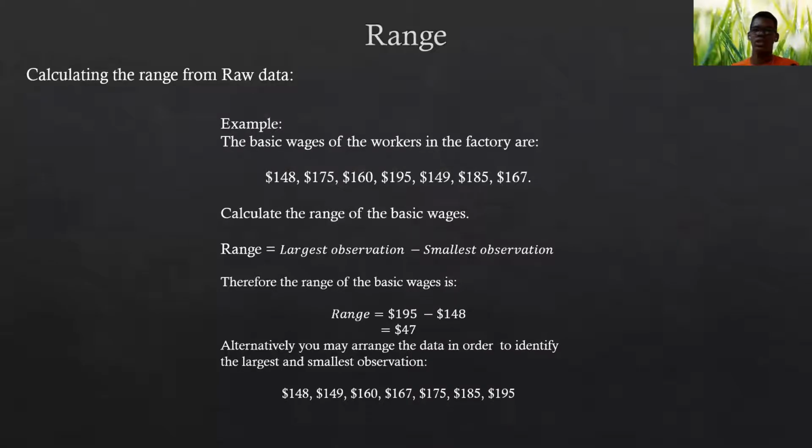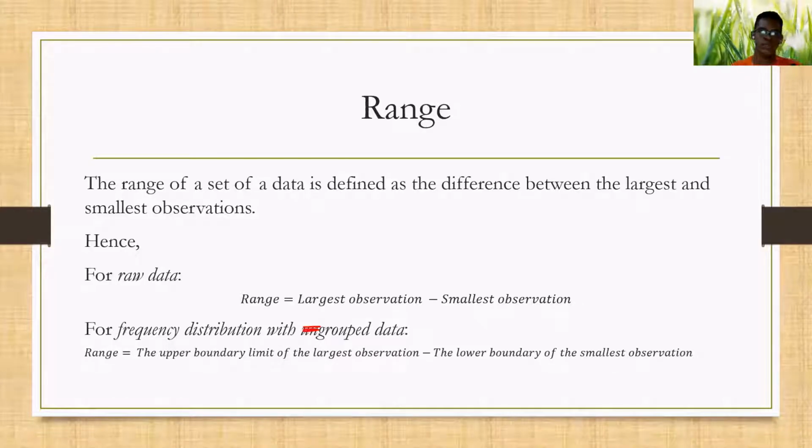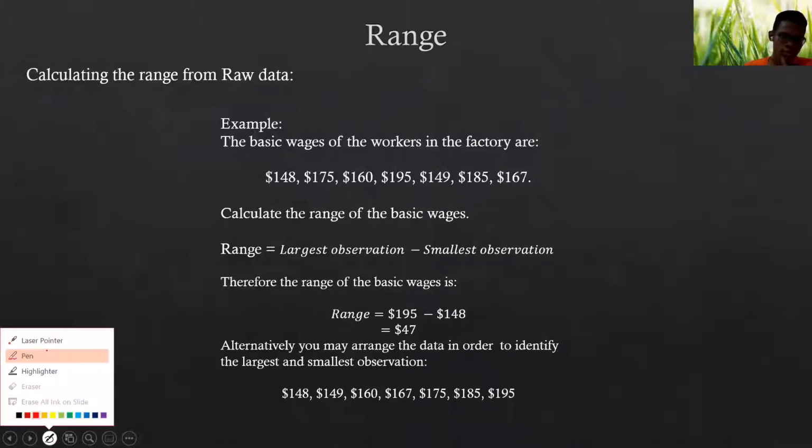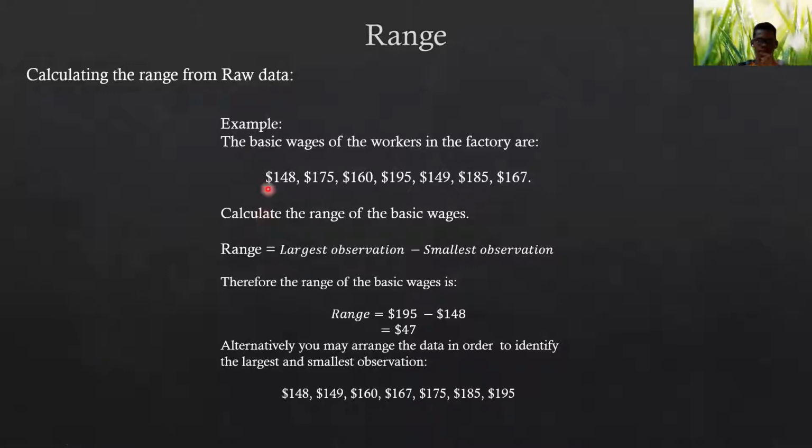Okay, so let's look at it for raw data and then we get into frequency distribution. Remember, frequency distribution just speaks of frequency table, right? We're just looking at frequency tables. Look at our first example. Calculating the range from raw data, right?